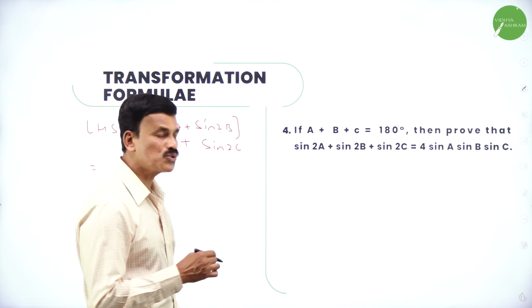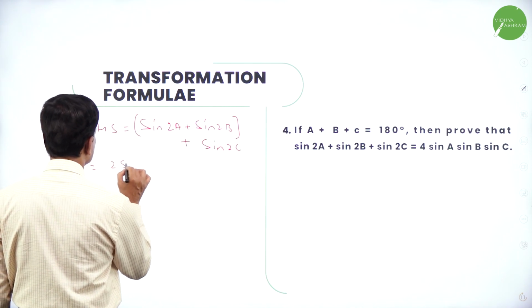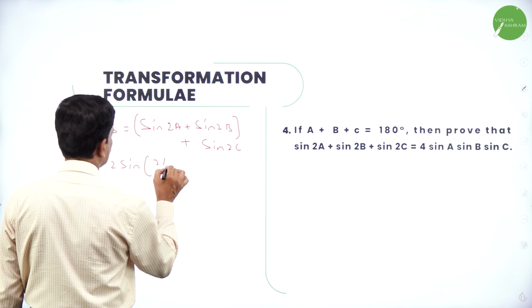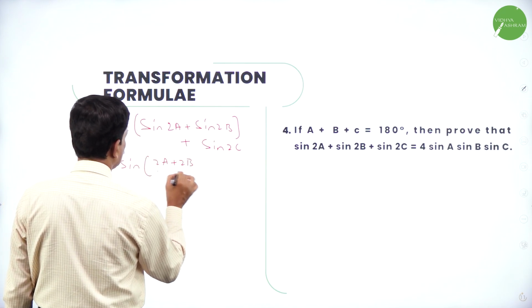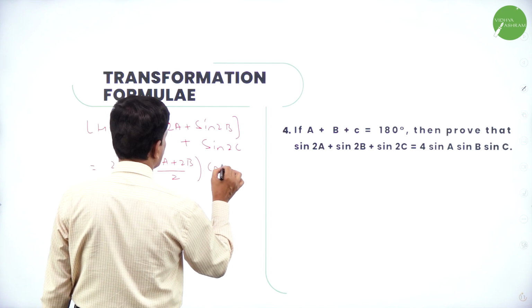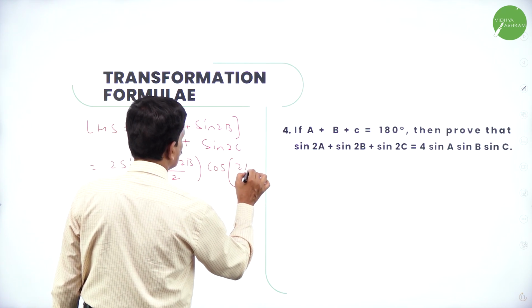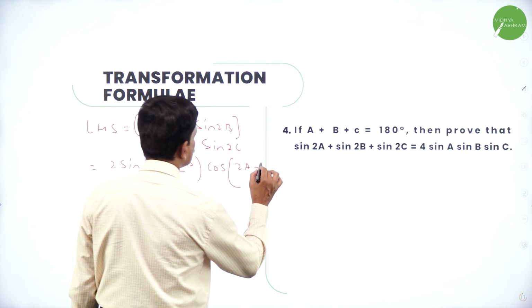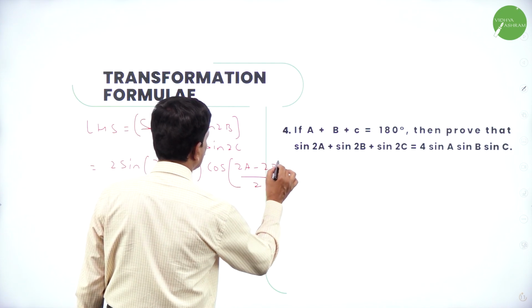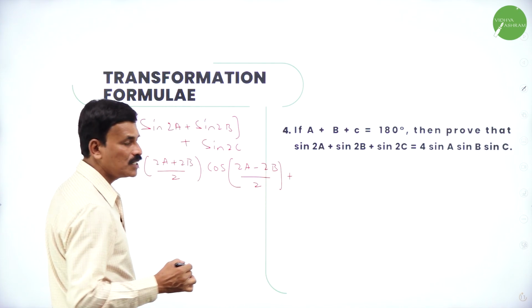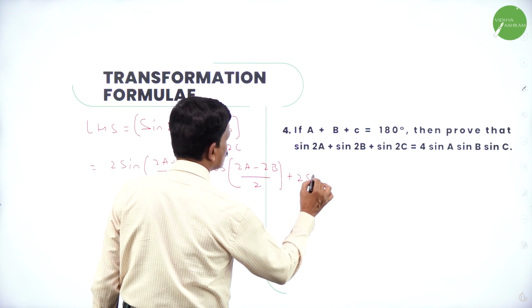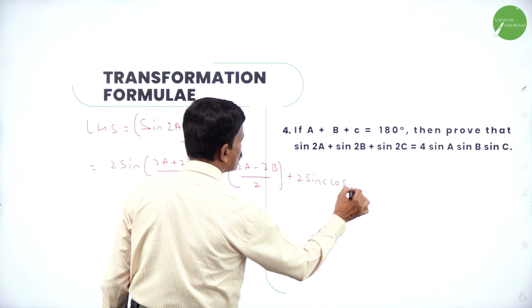Sin c plus sin d is 2 sin of c plus d by 2, that is 2a plus 2b divided by 2, into cos of c minus d by 2, that is 2a minus 2b divided by 2, plus what is sin 2c? Sin 2c can also be written as 2 sin c into cos c.